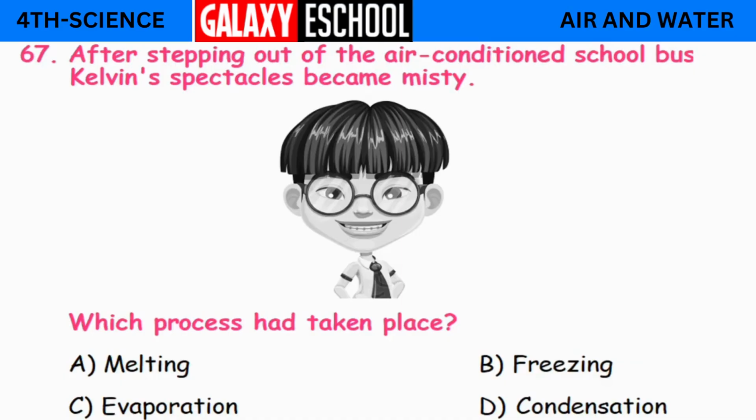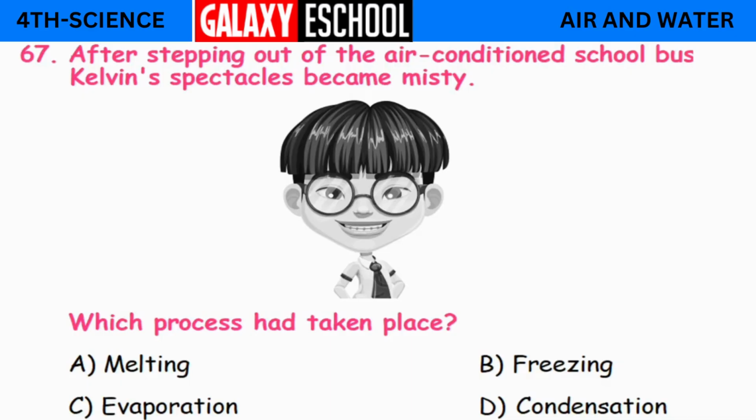But because here we are talking about Kelvin's spectacles, I have said on the glasses. When Kelvin stepped down from his air-conditioned school bus, which has AC where they get cool air, after he steps out of that bus, his spectacles became misty.